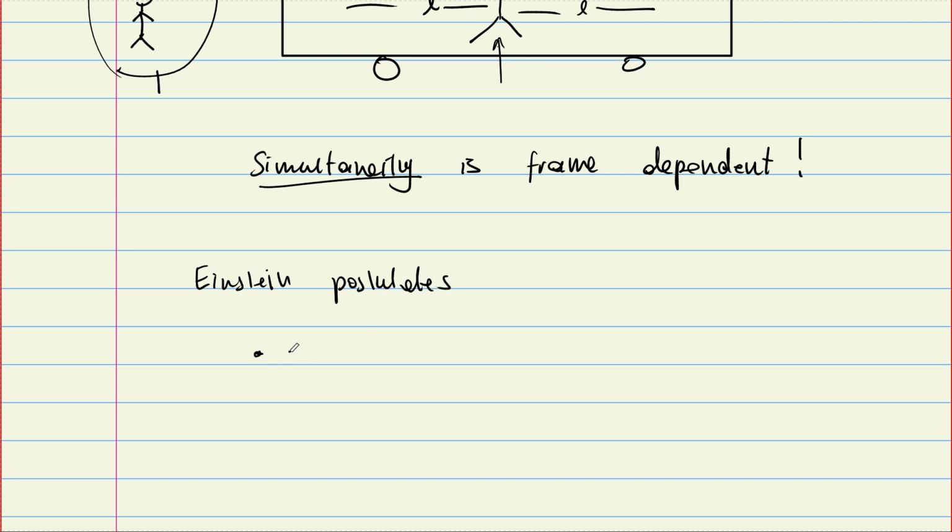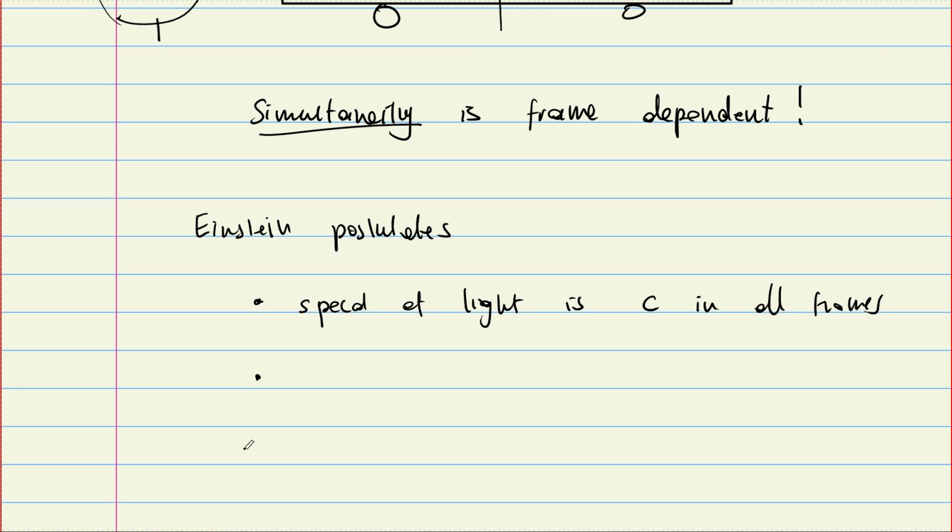One was that the speed of light is c in all frames, and also nothing with mass can go with the speed of light. And the second one, physics is the same in all frames.